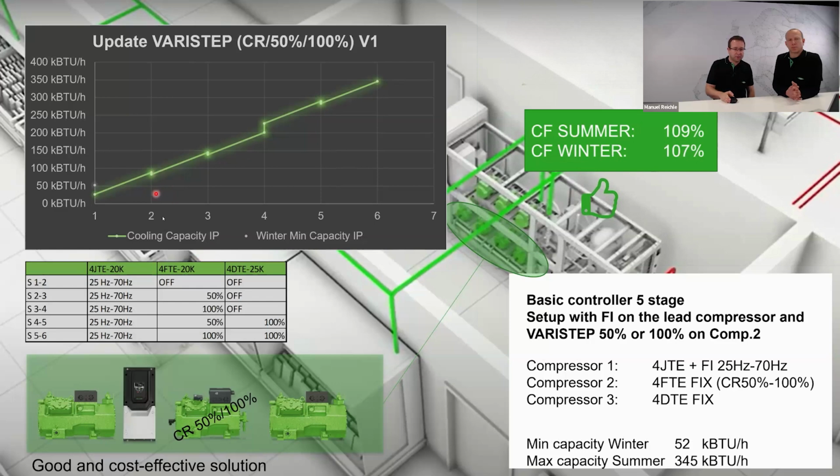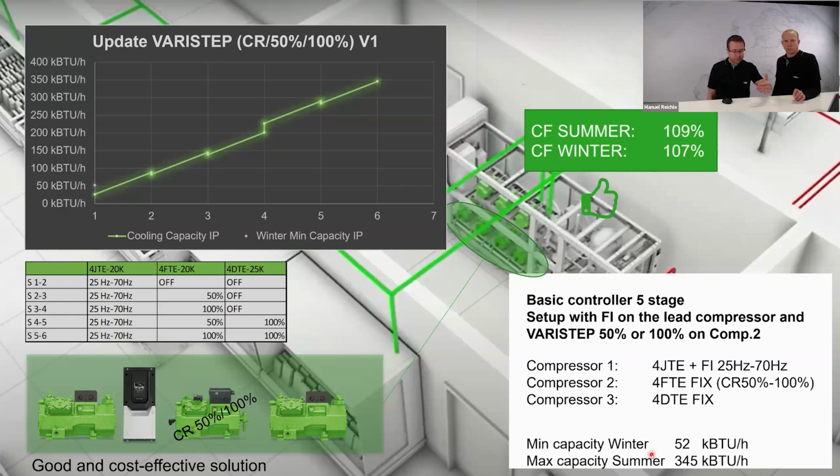Then you can start the second compressor with 50% first, and you don't offer too much capacity, and you have a well-balanced system at the end of the day. However, in the winter, the system is not perfect now because you cannot go down below 52 kBTU in this example.